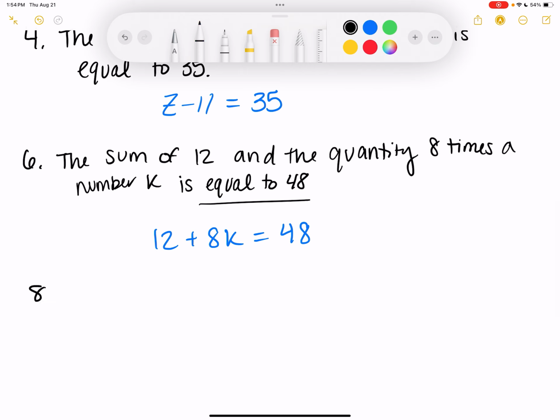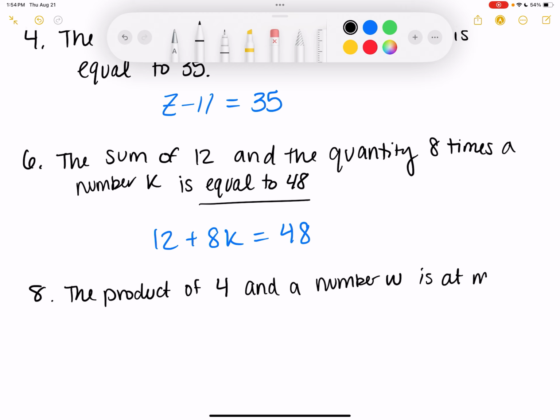8. The product of 4 and a number w is at most 51.